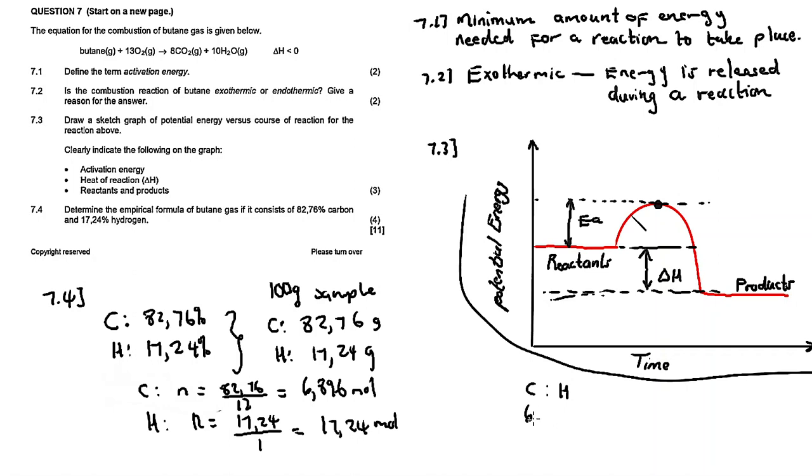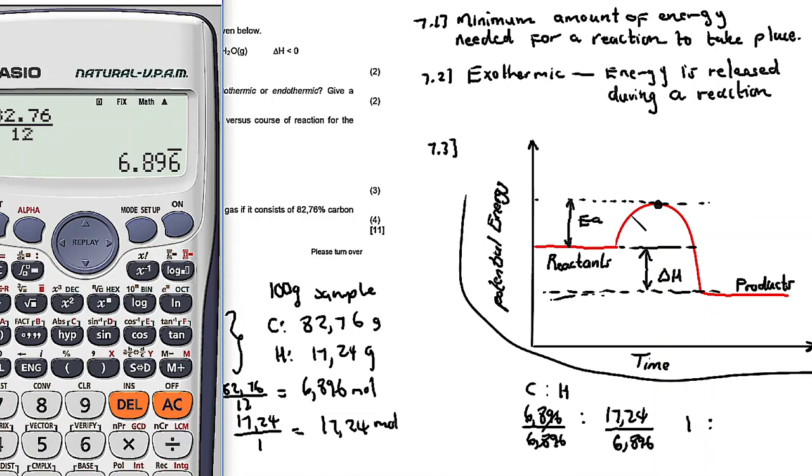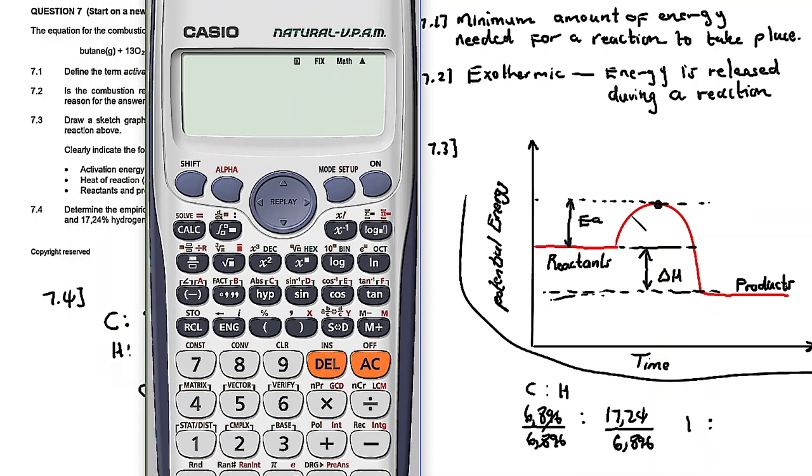So for carbon I have 6.896 to 17.24, and then I divide by the smaller value, or the smaller number of moles. 6.896 divided by 6.896 gives 1, and 17.24 divided by 6.896 is equal to 5/2.